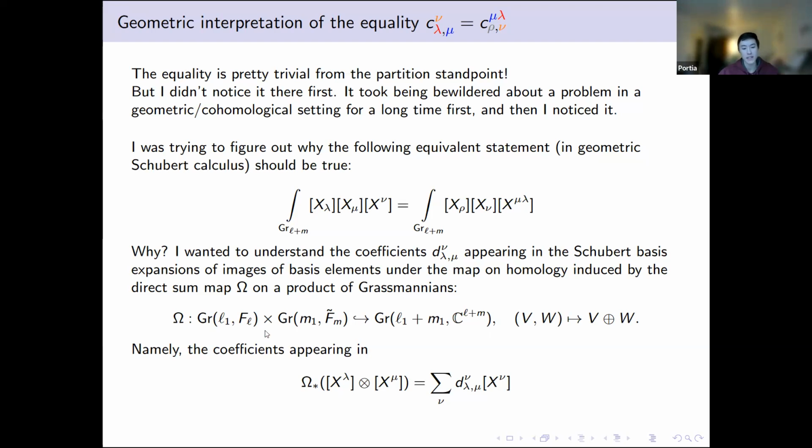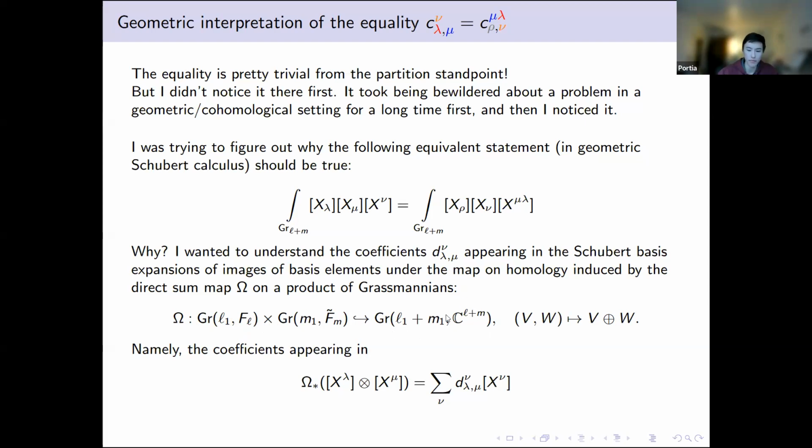Anyways, basically I have this direct sum map where you take a product of Grassmannians, and for a plane, well, this time it's an L1 plane and an M1 plane, you take the planes from each Grassmannian and then you direct sum them, and that gives you an element of the larger Grassmannian.